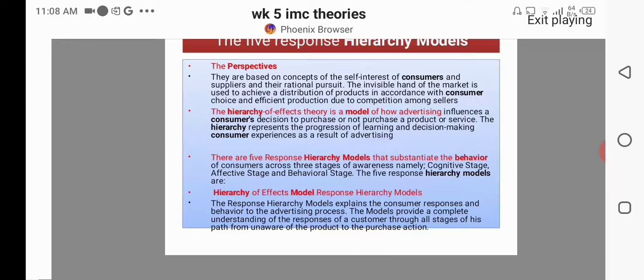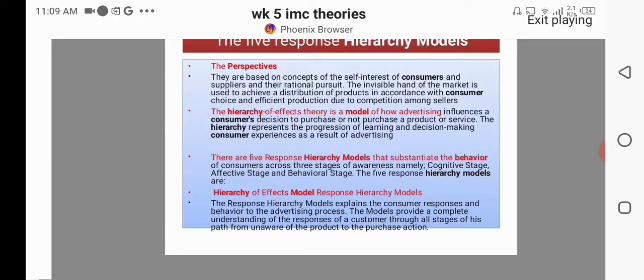The hierarchy of effects model is the consumer's decision to purchase or not to purchase, as influenced through advertising.